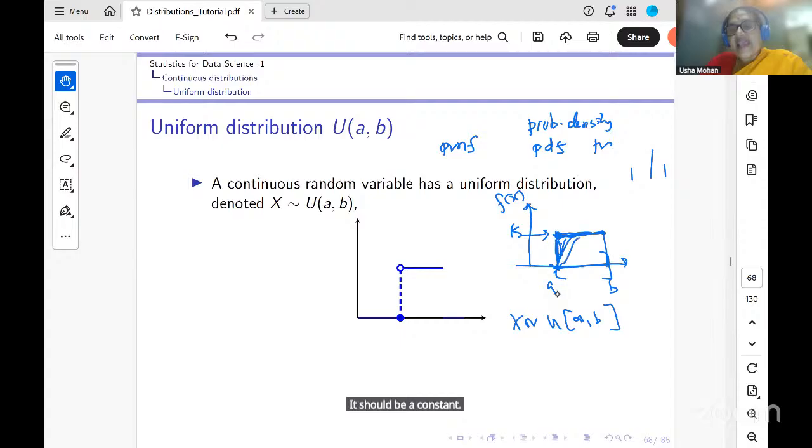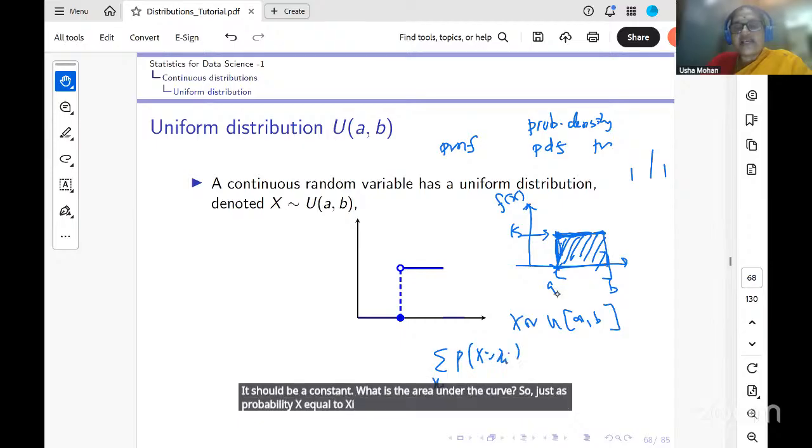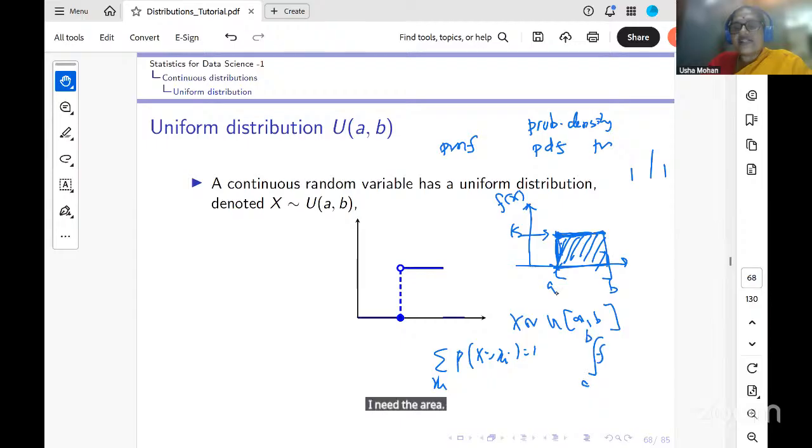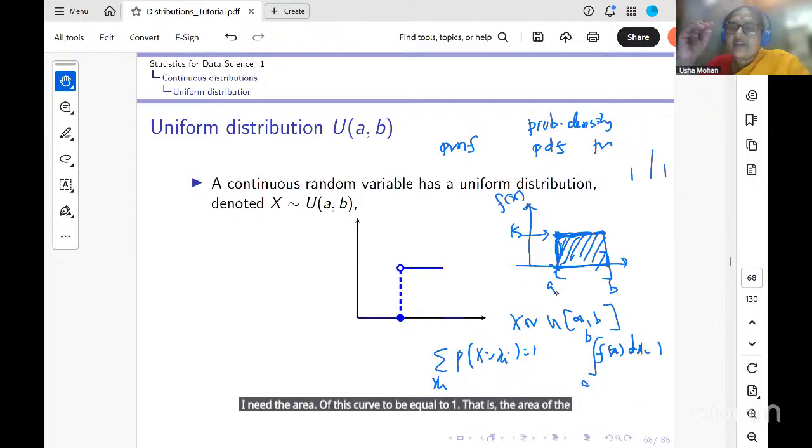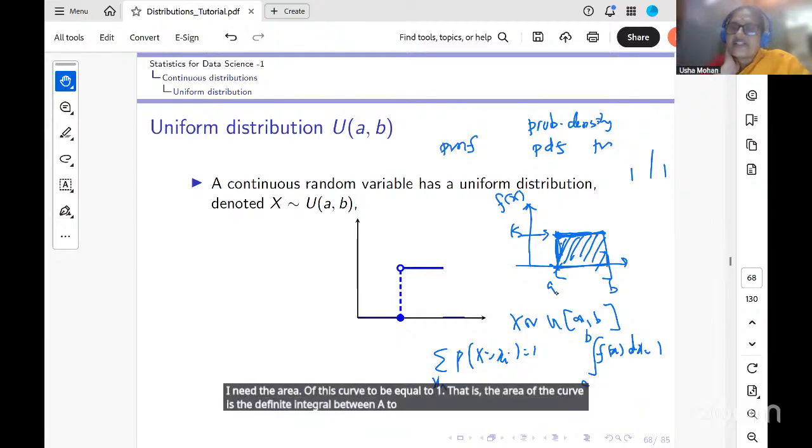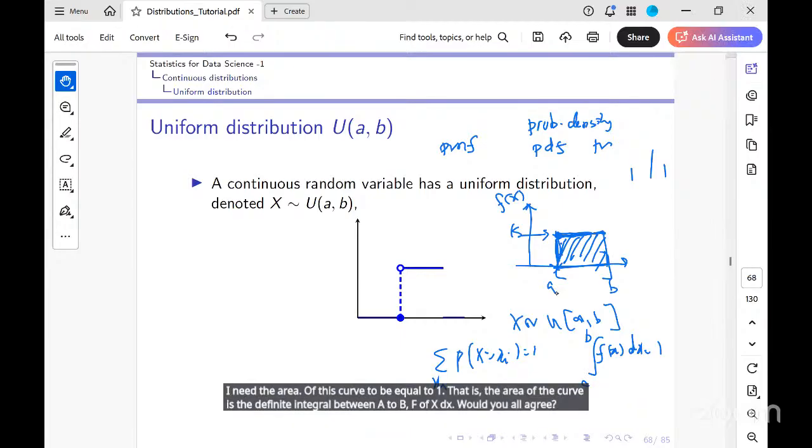What is the area under the curve? Just as the sum of probability x equal to xi over all xi equals 1, I need the area of this curve to be equal to 1. That is, the area of the curve is the definite integral between a and b of f of x dx. Would you all agree? Yes, ma'am.